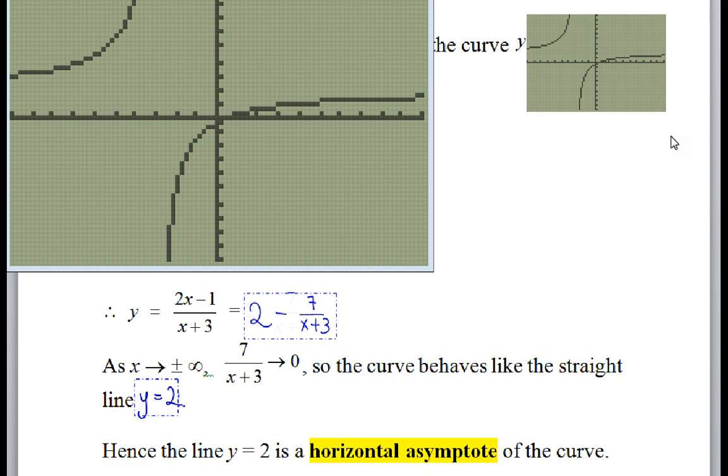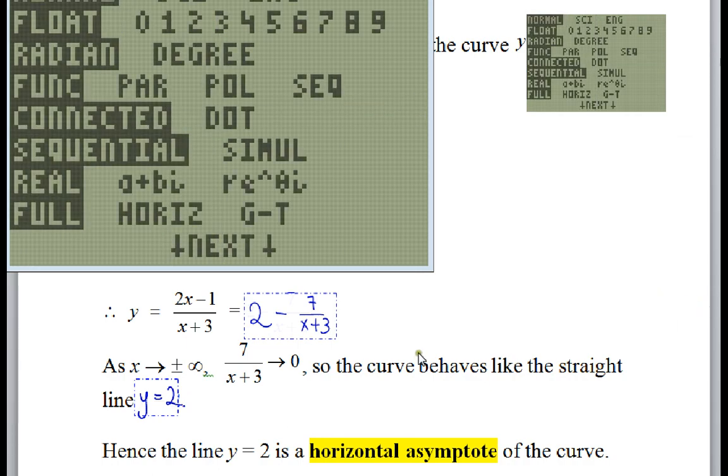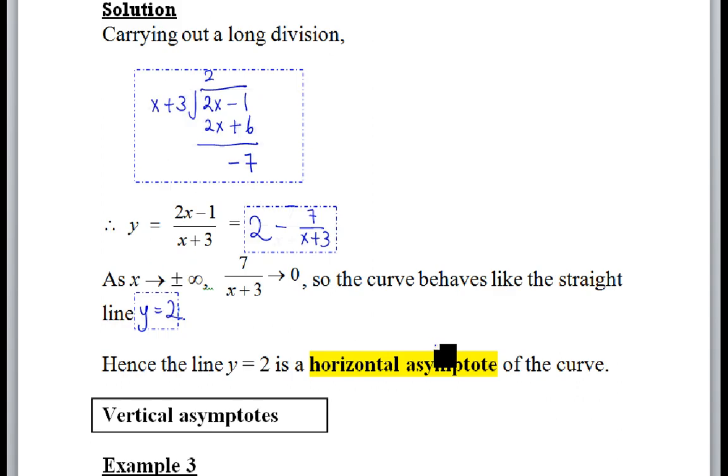As x becomes very, very big, you realize that it almost behaves like a straight line, and this end as well. If you zoom out a bit more to see this section, it almost behaves like a straight line, y equals 2. That's all we are saying. All understand? So y equals 2 is therefore a horizontal asymptote, because as x tends to infinity, y behaves like y equals 2.